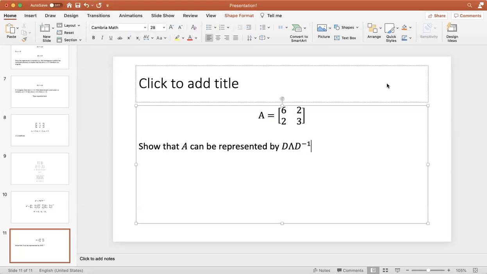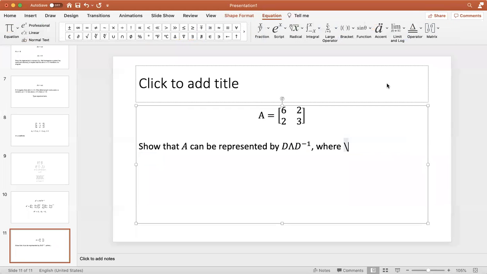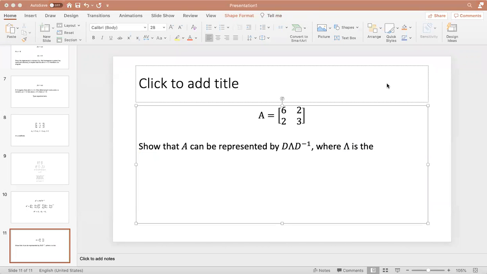Where big lambda is the diagonal matrix of eigenvalues. So our next task, of course, to show this, is to solve for the eigenvalues of A.